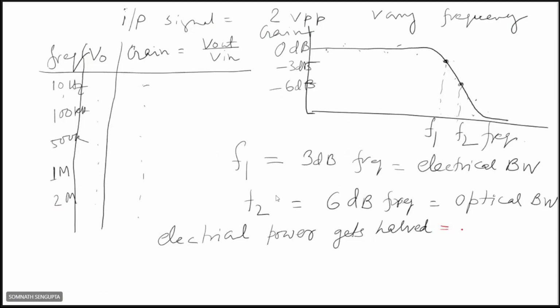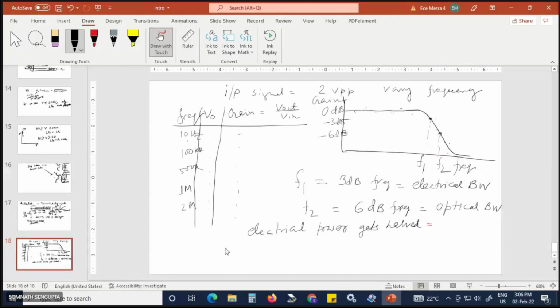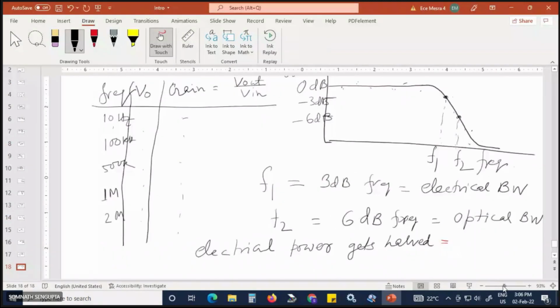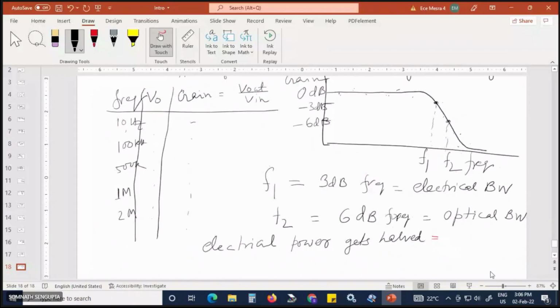Let me make it black, or slightly increase the size of the slide. So this is electrical bandwidth. Electrical power gets halved, that means electrical bandwidth. Generally, this is the definition of any bandwidth. And optical bandwidth means optical power gets halved at that frequency.